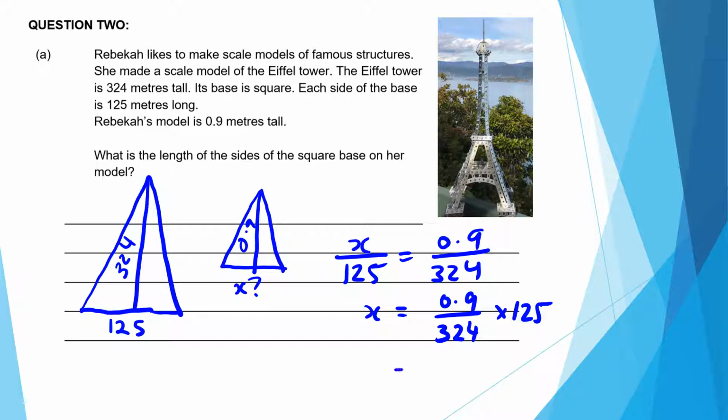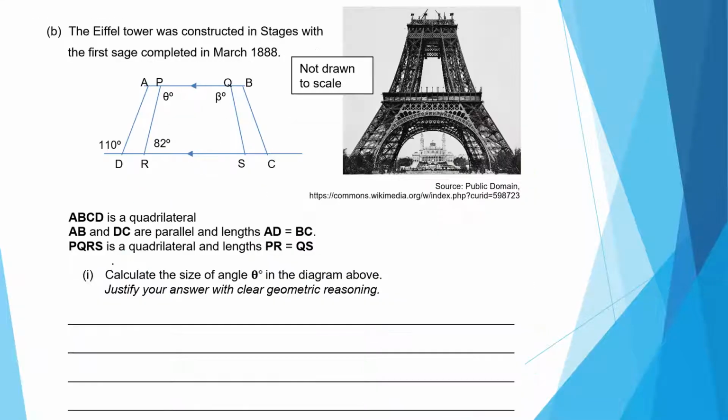And what we found was that it has a base of 0.35 meters to 2 decimal places. So there we are. If you set up something like this, that's an achieved, and if you calculated the base, then it's a merit.